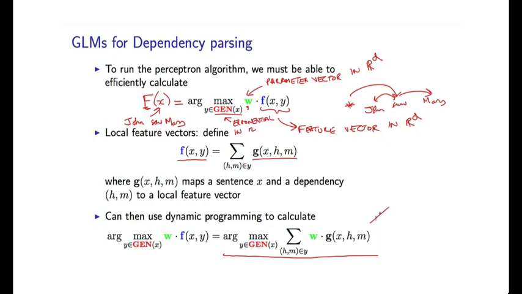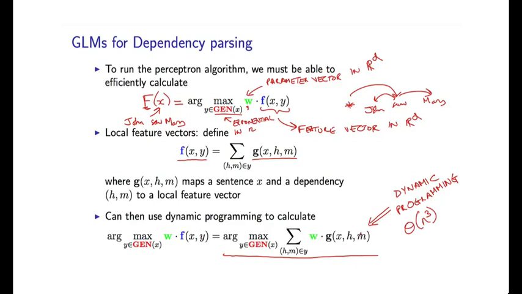Now, I'm not going to explain the algorithm for this. I'll try to post a paper which specifies the algorithm, but critically, we can make use of dynamic programming for this problem, and it runs in cubic time in the length of the sentence. Intuitively, that is because we've decomposed the score from an entire structure into a sum of local scores across just dependencies within the structure.